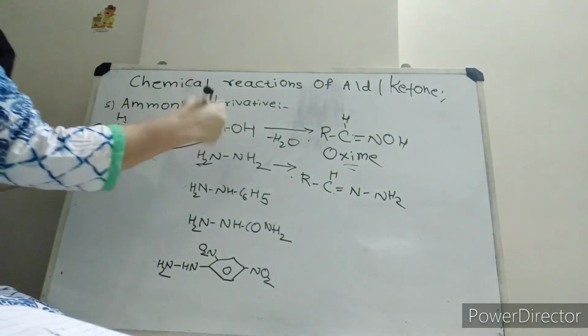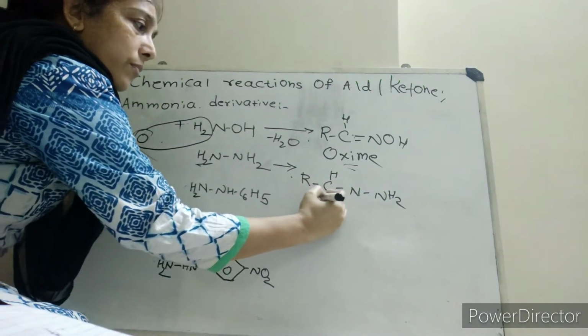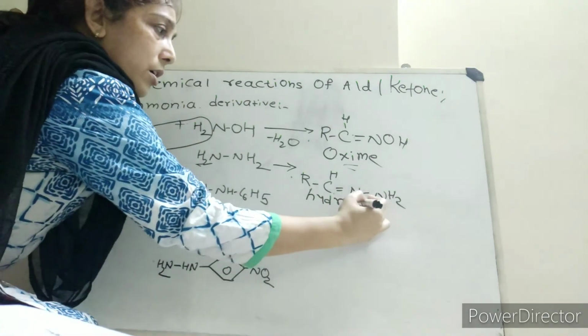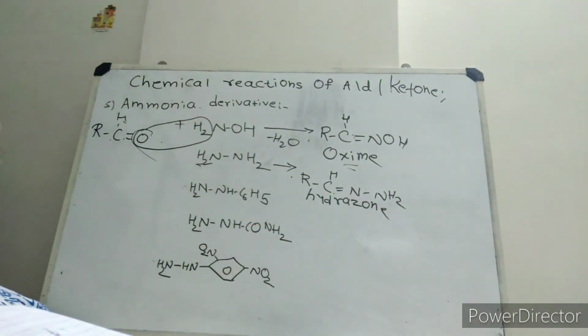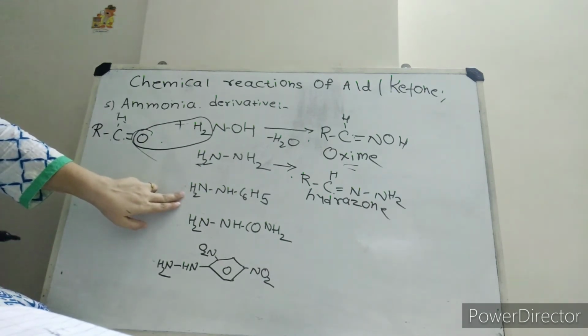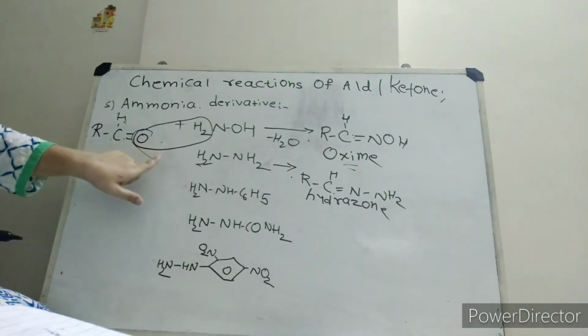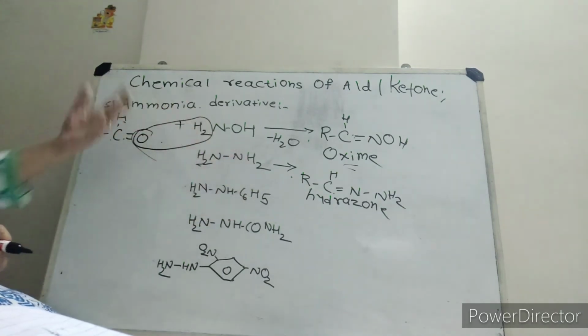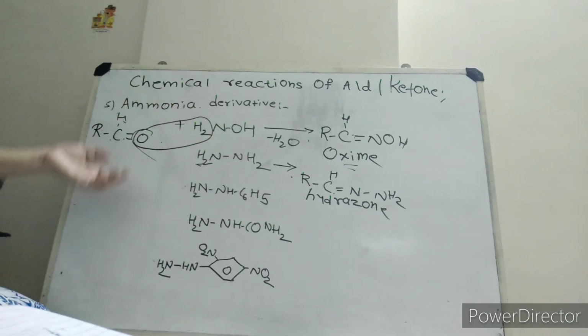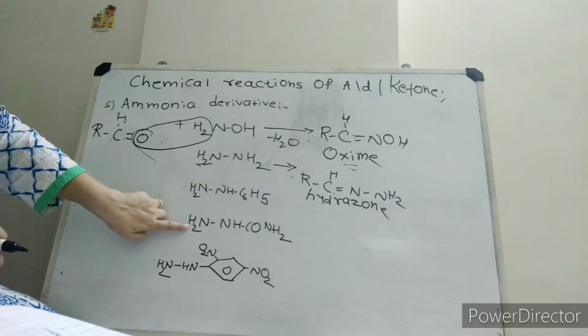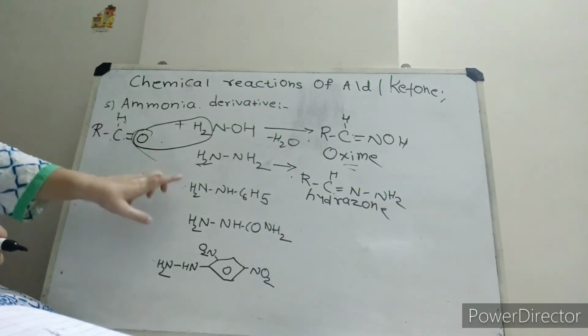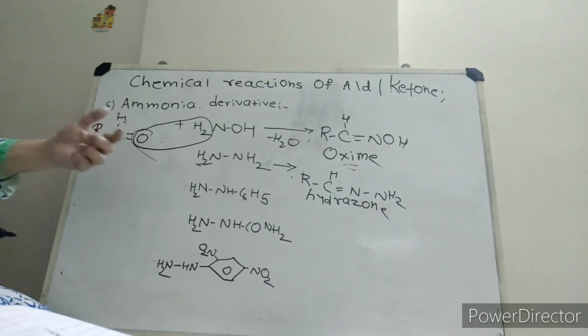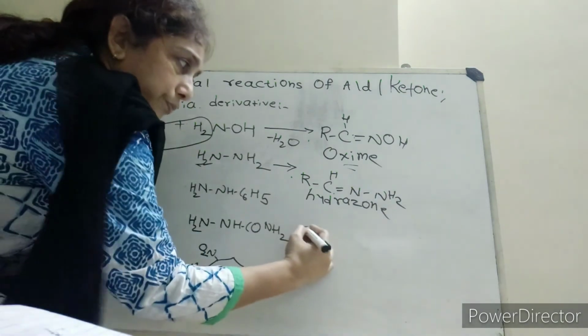Then the azine is converted to the hydrazone. It is known as the hydrazone. In the case of this one also, these 2 hydrogens combine to form the phenylhydrazone. In this case, again, these 2 hydrogens combine with the oxygen to form a water molecule to get the semicarbazone.